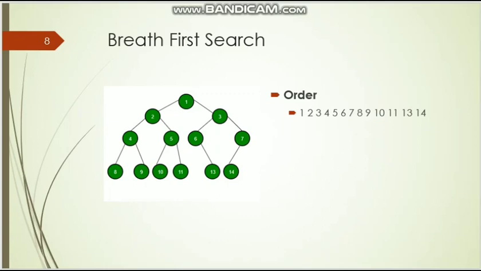You can follow either one, it doesn't matter which comes first, you can consider the 2 first, you can consider the 3 first. Here we are considering 2 as it is the left child of node 1. So we are following the method of choosing the node from left to right child.